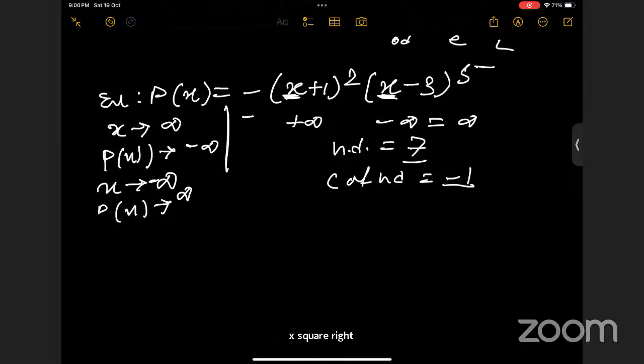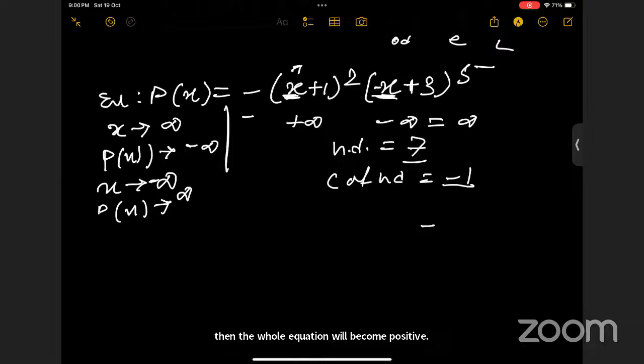So from here we can compute the coefficient if we just expand the equation. But suppose we had a factor of minus x plus 3 here, then we would get a negative, and the whole equation would become positive. No, let us check.